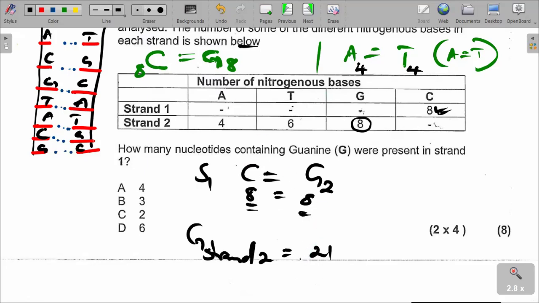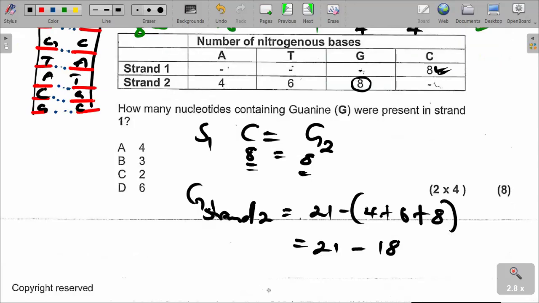So 21 minus 4 plus 6 plus 8 minus 4 plus 6 plus 80, which we might otherwise say is 21 minus 18. 21 minus 18 gives us what? We get 3. And then 3, we can say G in strand 2 is equal to 3.